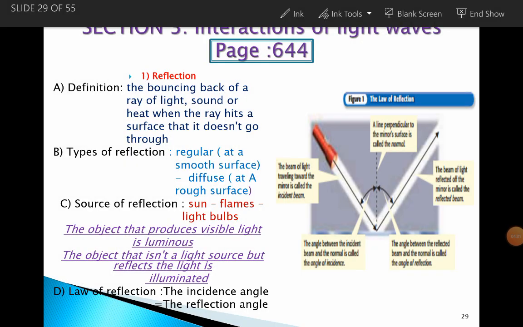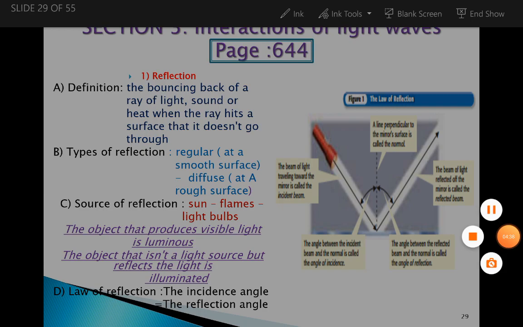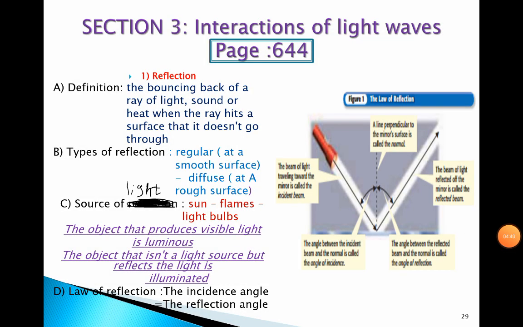Easy question here. If I ask you about the source of light, it is the sun, flames, light bulbs. The object that produces visible light is called luminous.